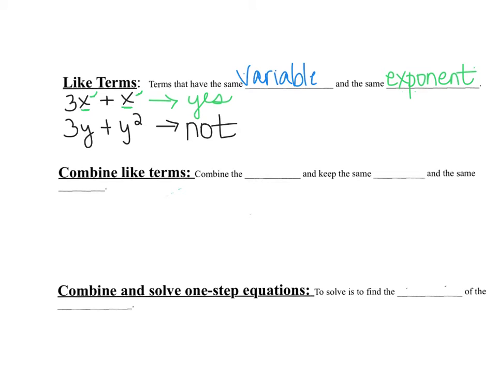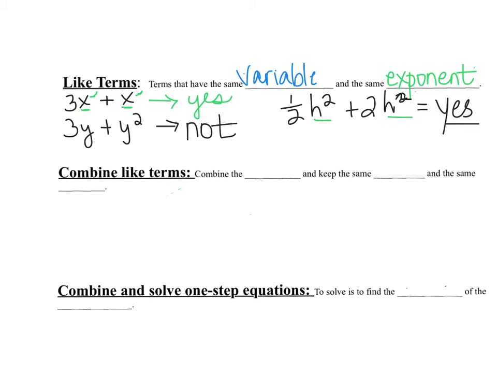Okay, but are these like terms? 1/2 h squared plus 2h squared. Are these like terms? Yes. They sure are, because they both have h squared, even though I wrote them differently. Okay, so yes.